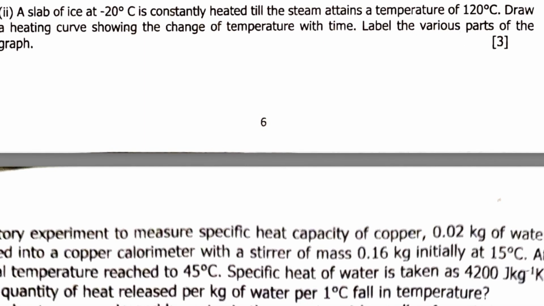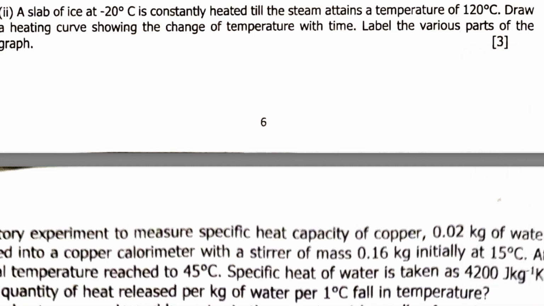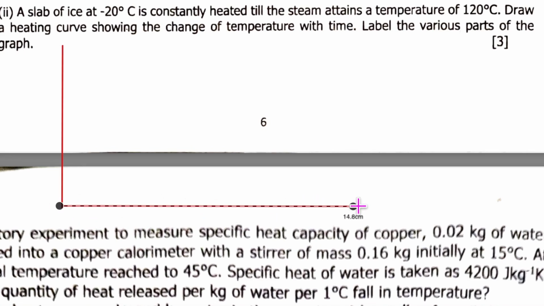A slab of ice at minus 20 degrees C is constantly heated till steam attains the temperature of 120. Draw the heating curve showing the change in temperature with time. Temperature and time, which means you will have to show the graph. Show this a little longer length.